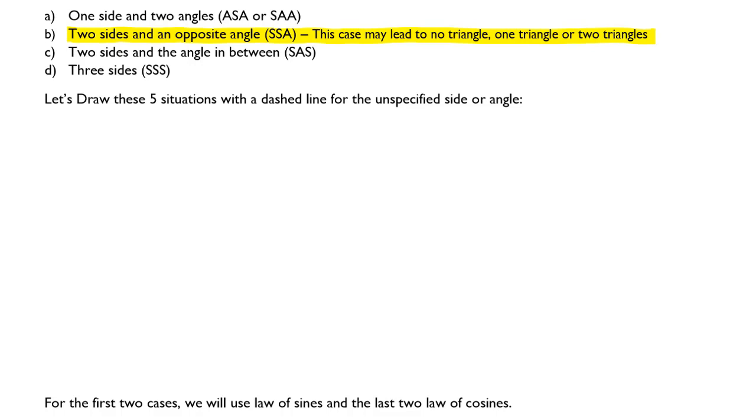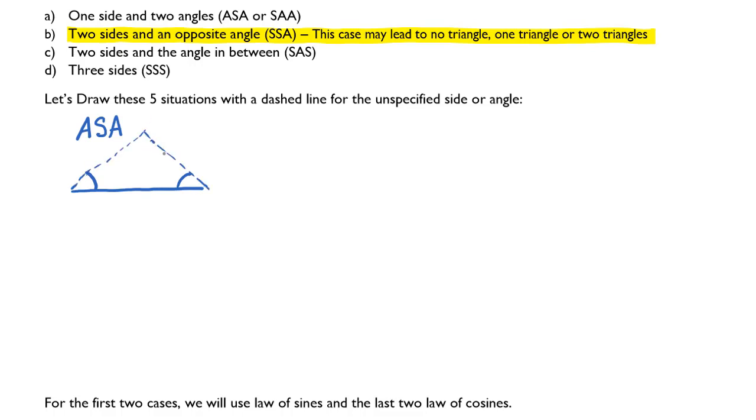In our first scenario, we have one side and two angles. We call this ASA or SAA, meaning angle side angle or side angle angle. So here is the first one. We have an angle side angle, and this is where you have a side defined and two angles defined, but the other sides are not.